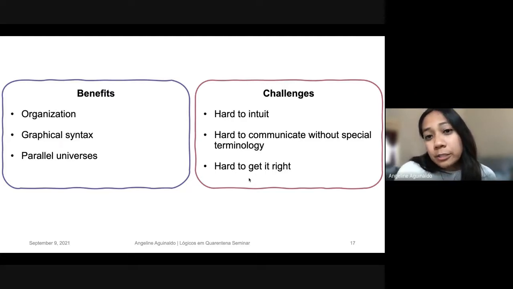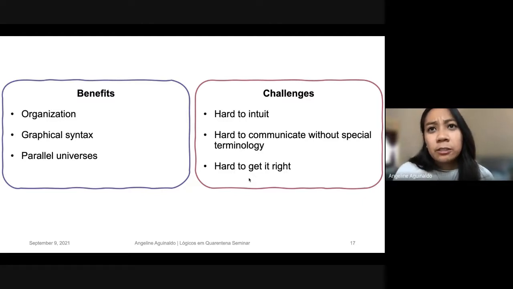Okay, so the challenges are that I find it a little bit hard to intuit. In the same way that the organization is intended to capture my thought processes that are happening automatically, it's very difficult to pull yourself out of that natural state and try to really identify what the transformations are that I'm executing, why it is that way, and how these different representations of the same concepts are related to one another.